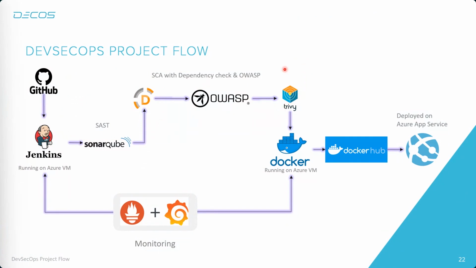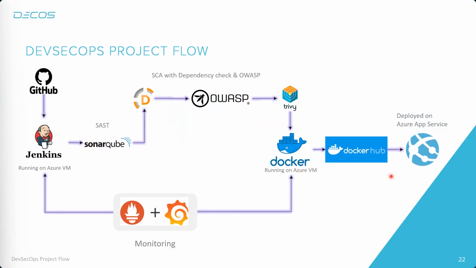Then we have Trivy. Trivy is a powerful and comprehensive open source vulnerability scanner. It is basically designed for containers and other artifacts as well as containerized based applications. Then we have Docker running on an Azure virtual machine to build Docker images and push the image to the Docker Hub.